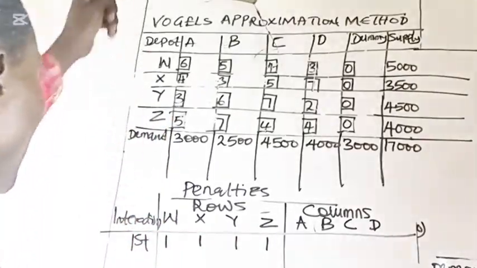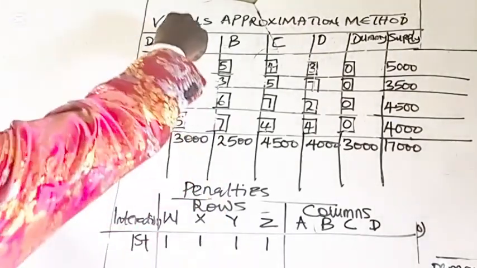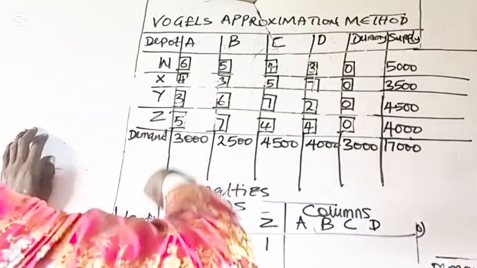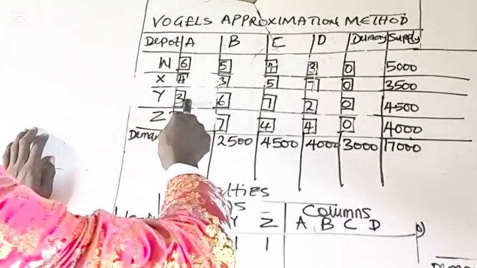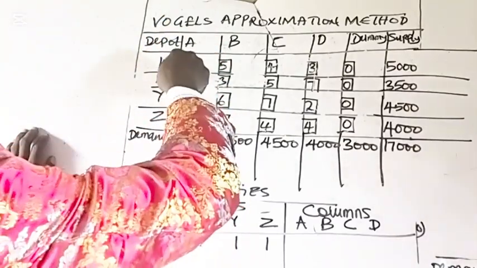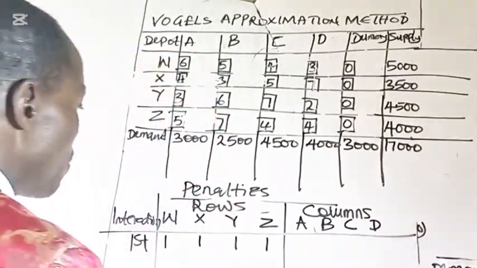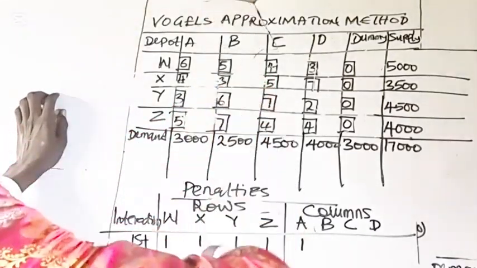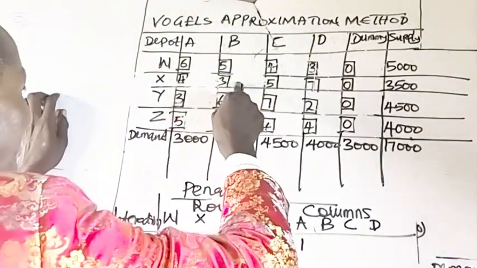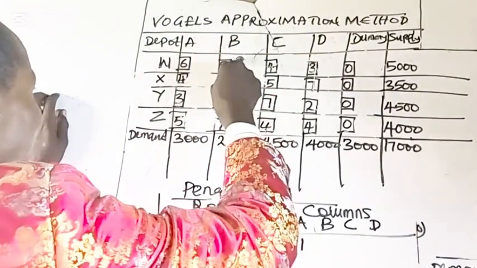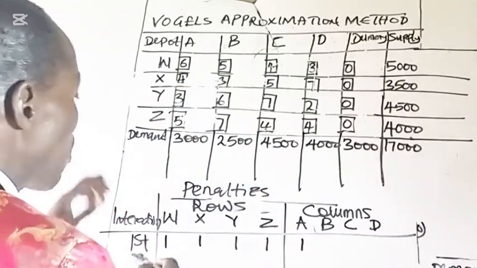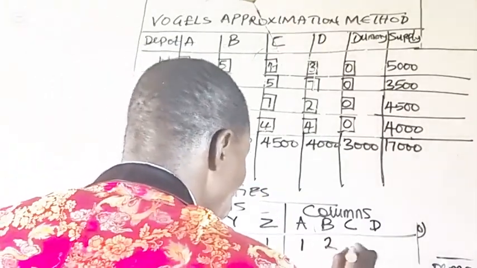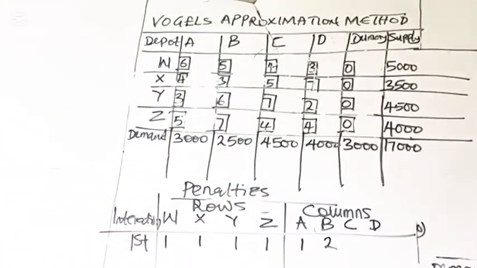Then for columns, vertically, look at column A. The least cost is 3. The next least cost is 4. 4 minus 3, that will be 1. Then column B. The least is 3. The next least cost is 5. 5 minus 3 is 2.